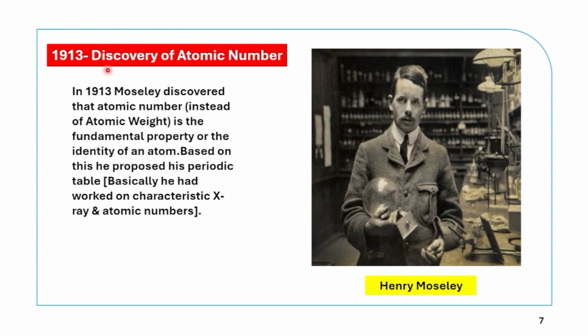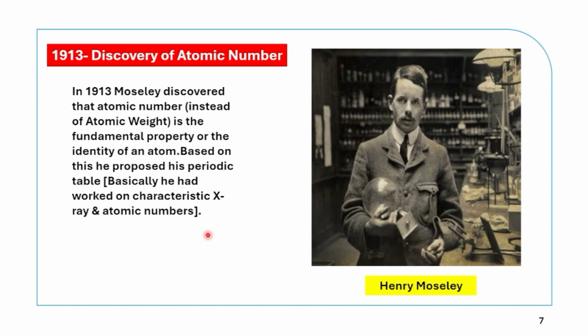Now in 1913, discovery of atomic number was done. So in 1913, Moseley discovered that atomic number instead of atomic weight is the fundamental property or the identity of an atom. So based on this, he proposed his periodic table. So basically, he had worked on characteristic X-ray and atomic numbers. Before this time, scientists and researchers were arranging the periodic table according to the increasing order of atomic weight.